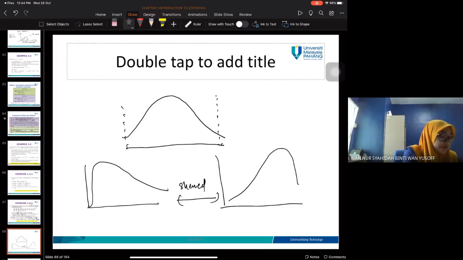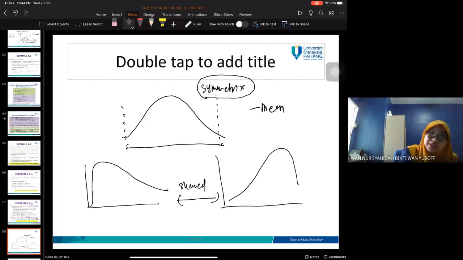That's why when we have symmetric data, the best measure of average will be the mean, because mean is more affected than median when we have an outlier.